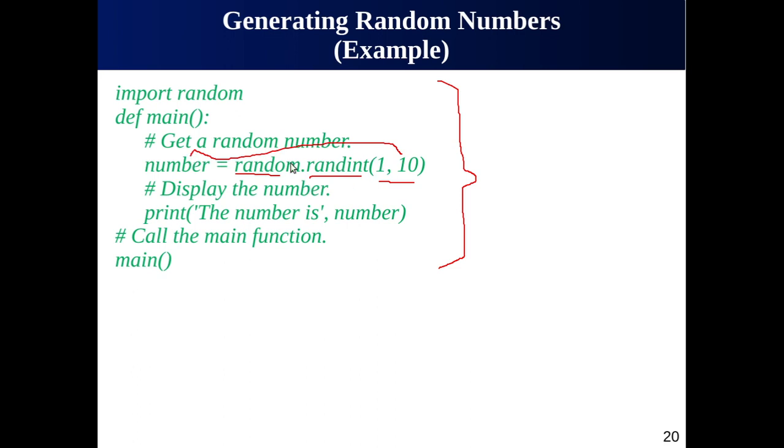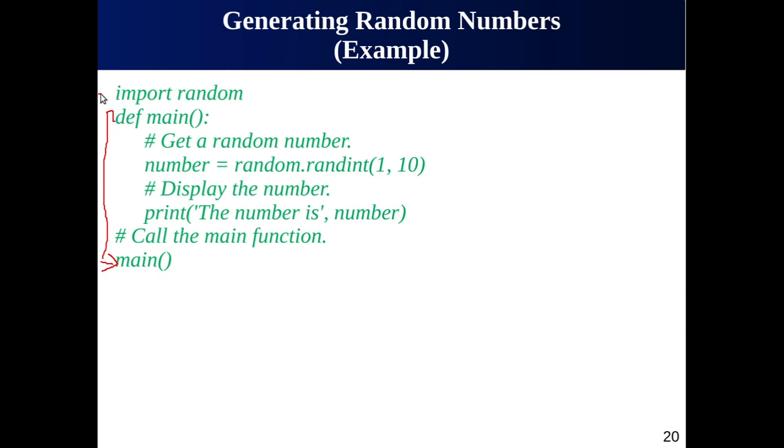Once you run this program, it will generate a random number. It could be 1, 2, 3, up to 10, anything. And then with the help of this print statement, we are displaying that randomly generated number. If you want to see the execution of this program, first the main function will be executed. Why? Because we are calling the main function, so the control will transfer here.